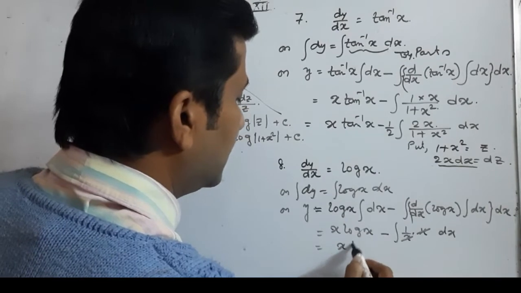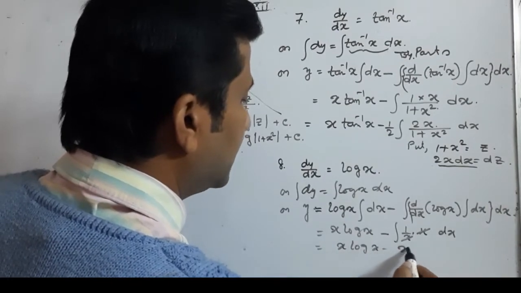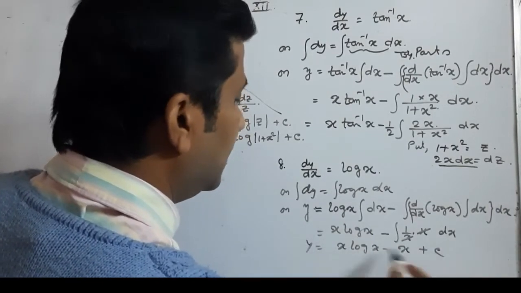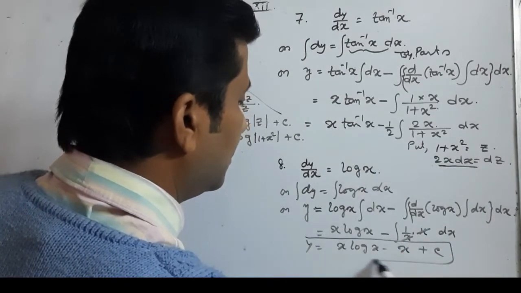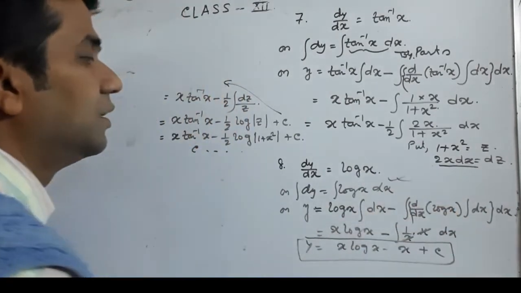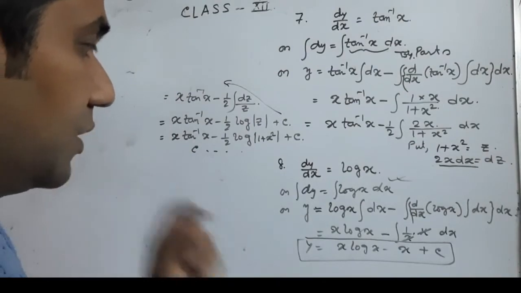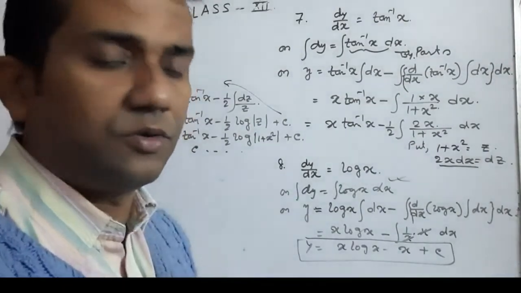Cancelling we get x log x minus x + c. This is the solution of the differential equation dy/dx = log x, where c is an arbitrary constant.